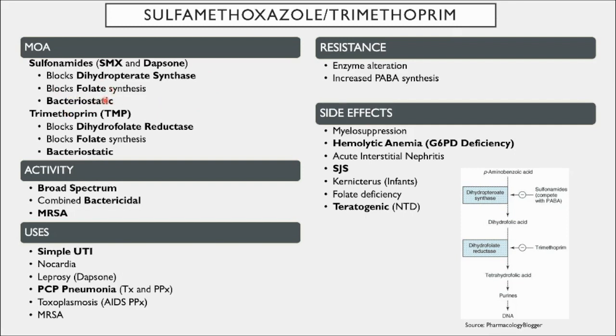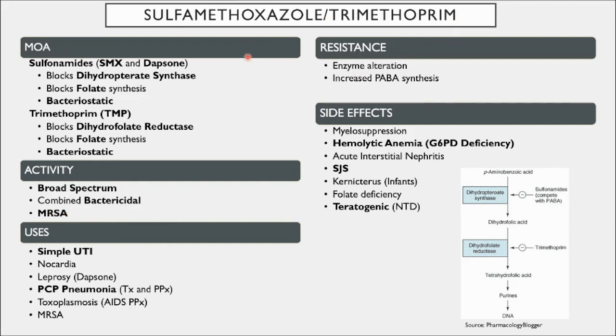By itself, it is bacteriostatic. Trimethoprim, when given in combination with sulfonamides, blocks the next step of folate production. And now, together, they are bactericidal. Individually, they are bacteriostatic, which is why you give them together. These are broad spectrum, bactericidal together, and they do cover MRSA.